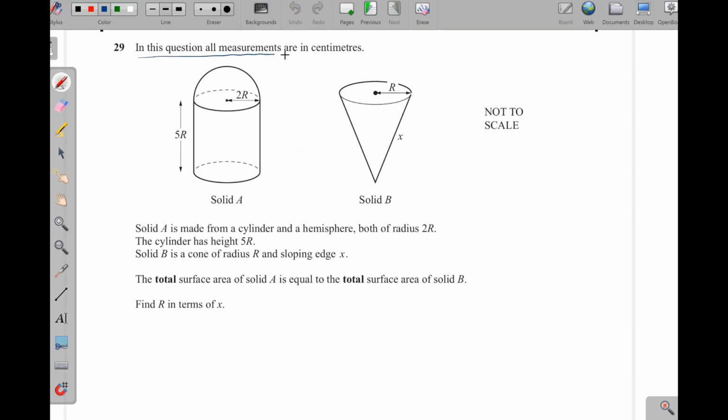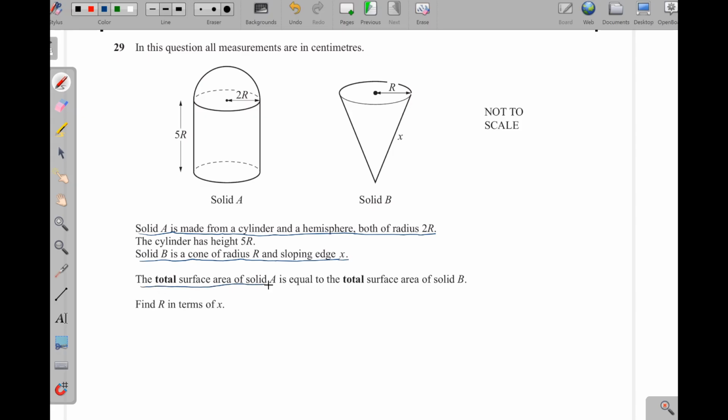In this question, all measurements are in centimeters. Solid A is made from a cylinder and a hemisphere, both of radius 2r. The cylinder has the height 5r. Solid B is a cone of radius r and sloping edge x.